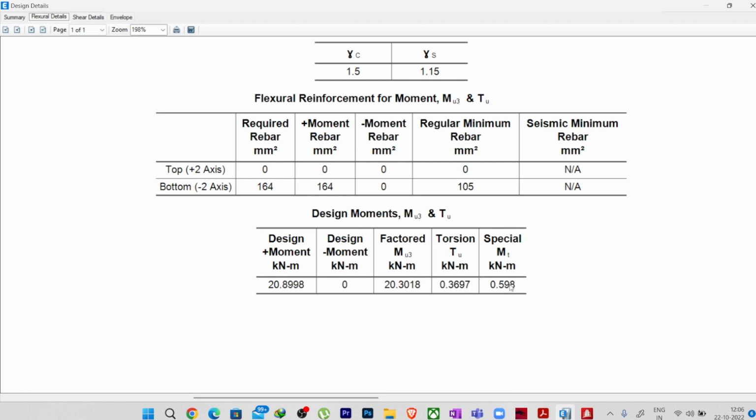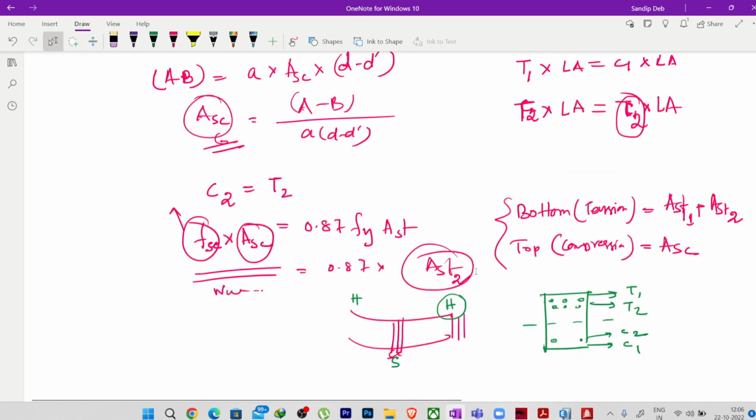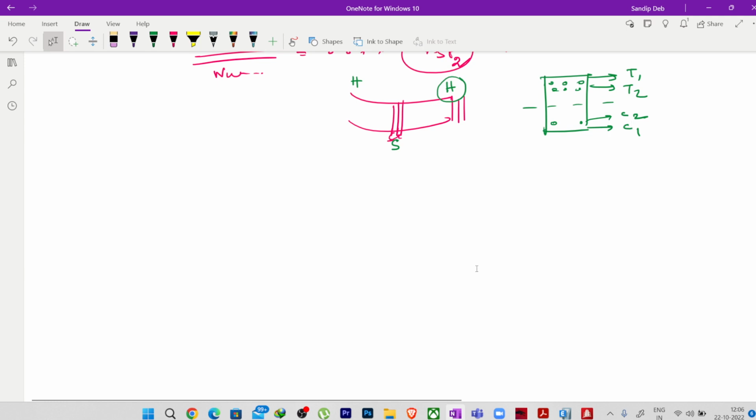let us solve it. So we got Tu equal to 0.3697. So what will be the Mt value?